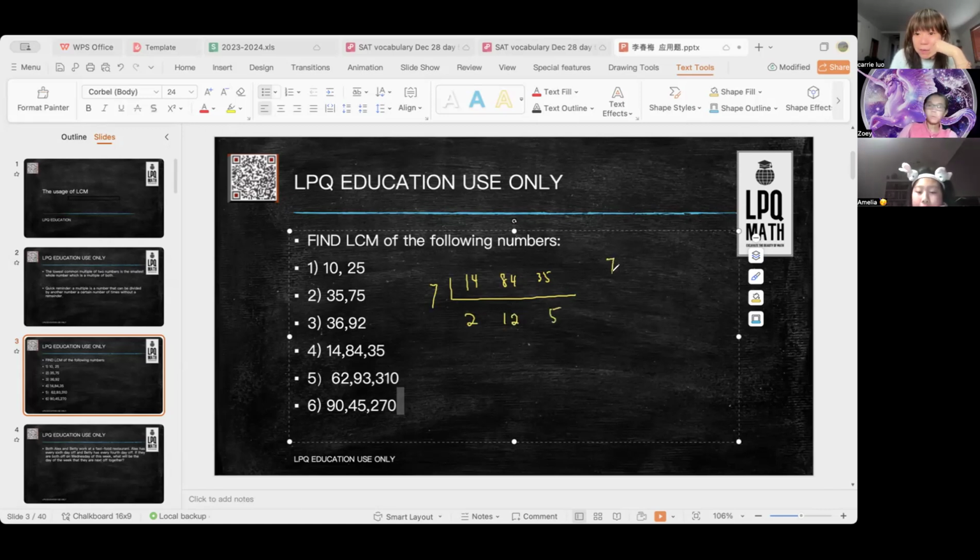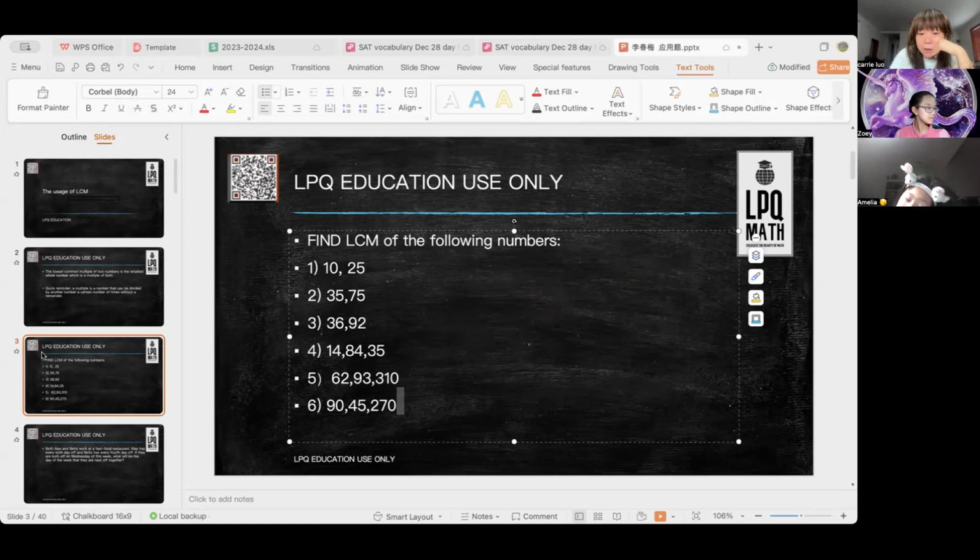Some students end up here, 7 times 2 times 12 times 5, and think that is the lowest common multiple. But we have to see if each two of them have a common factor as well. 2 and 5, no. 12 and 5, no. But 2 and 12 have 2. So we have 1 and 6, and this 5 cannot be divided by 2, so we just copy it down. So 7 times 2 times 6 times 5 equals 420.